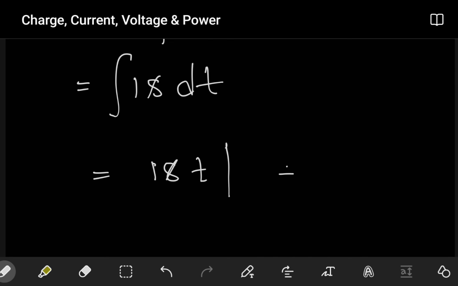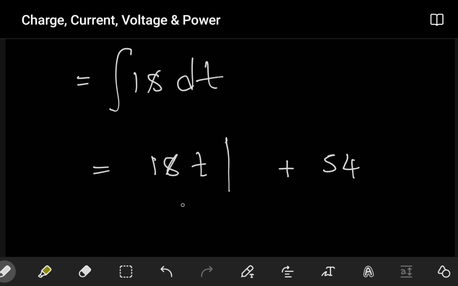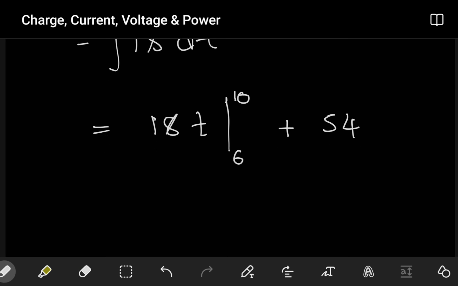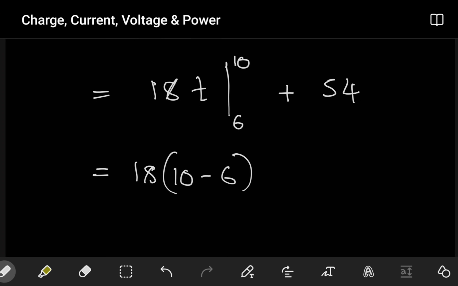So of course, we're building on that 54 coulombs, which was already present. But for this expression that we're just adding to this, the time is changing from 6 to the upper limit. The upper limit is 10 seconds. So when we do the math here, we have our 18 outside. So this is going to be time equals 10 minus time equals 6.